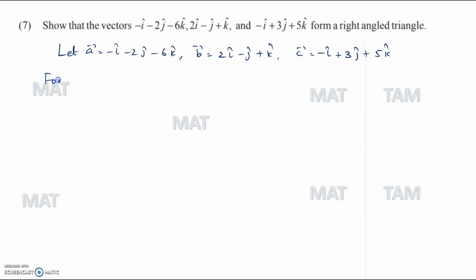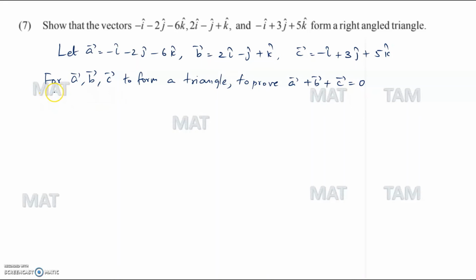For A, B, C to form a triangle, to prove vector A plus vector B plus vector C is equal to 0.